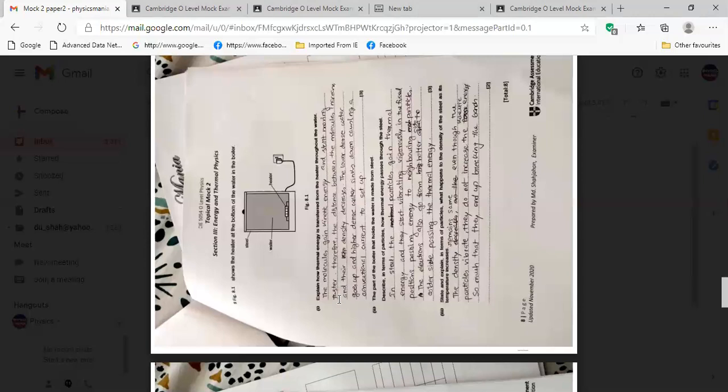In steel, the particles gain thermal energy and start vibrating vigorously in fixed positions, passing energy to the neighboring particles. The electrons also go from the hotter side to the colder side, passing the thermal energy. Yes, ideas correct.